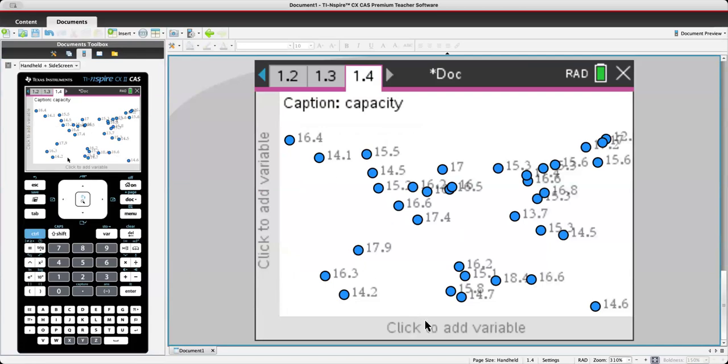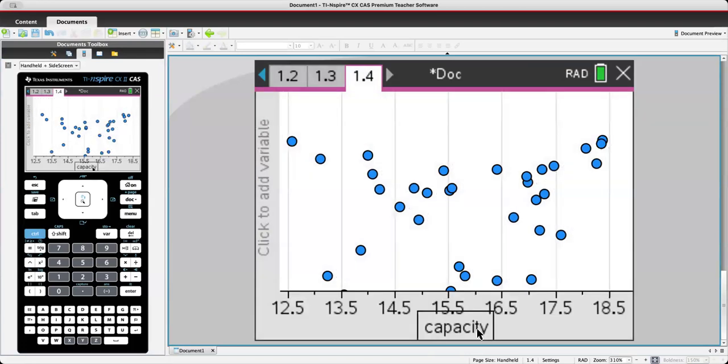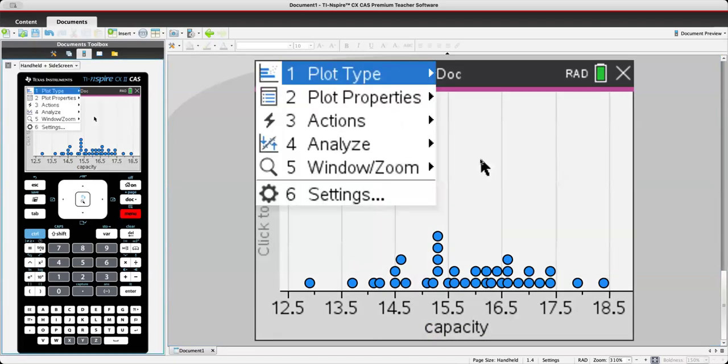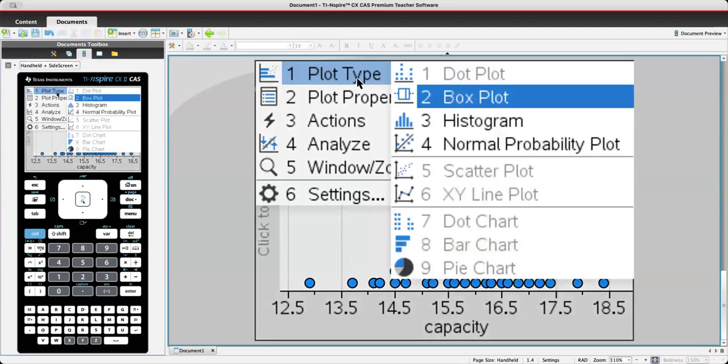And then we click to add variable, and I want to choose the name of the variable, which in this case is capacity, and it should give you a standard dot plot, which is kind of the default plot. So now I'm going to put my cursor up above the dots there, and I want to go to menu, plot type, and then I'm going to choose option number 4, which is a normal probability plot.